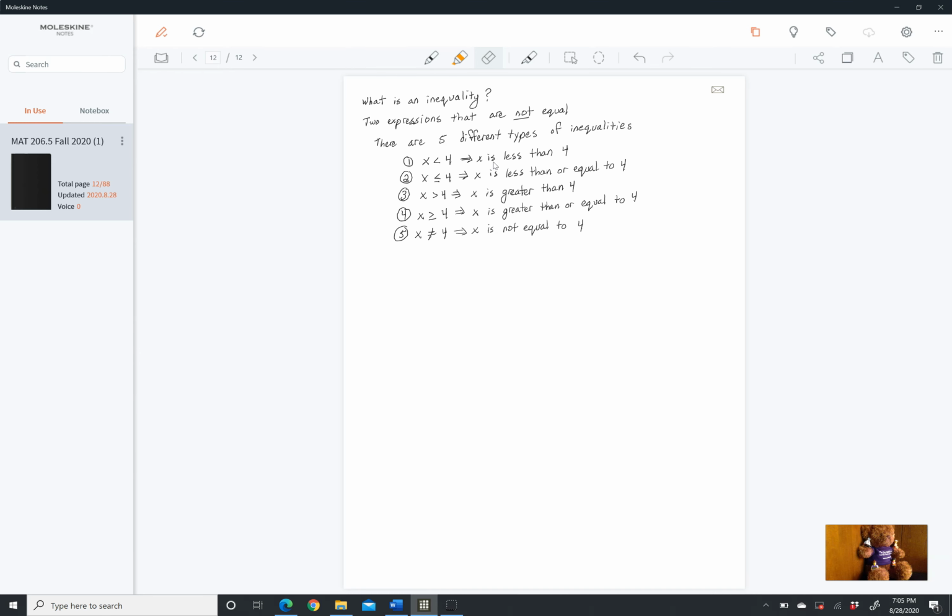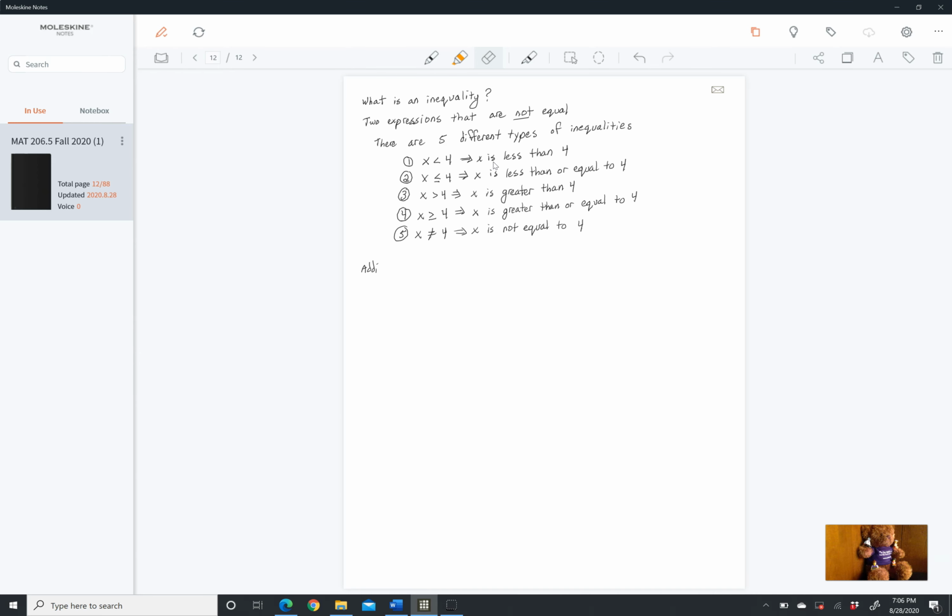This is exactly what we say about equations, that if you add something to one side, you need to add it to the other. That's called the addition property. The multiplication property says if you multiply the left by something, then you have to multiply the right by something.